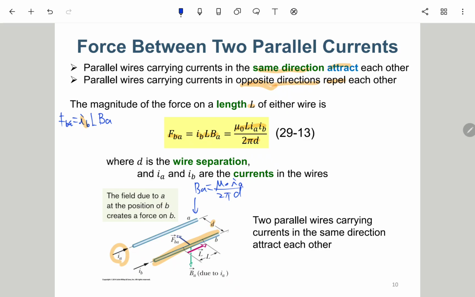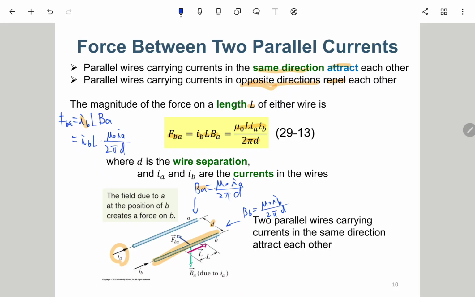For BB, it should be mu 0 IB over 2 pi d, so only the currents are different. BA is the B field generated at the wire B, so we have IB times L times mu 0 IA over 2 pi d.